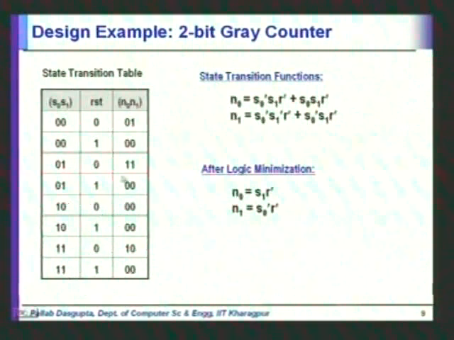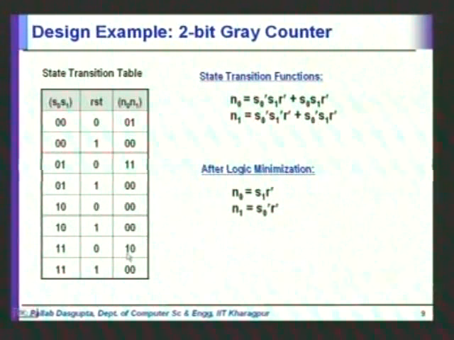Now we can read the state transition table and create what are called the state transition functions. So let us look at one of these. N0. If you look at this table, where does N0 become high? In this entry, and then in this entry again it is high.